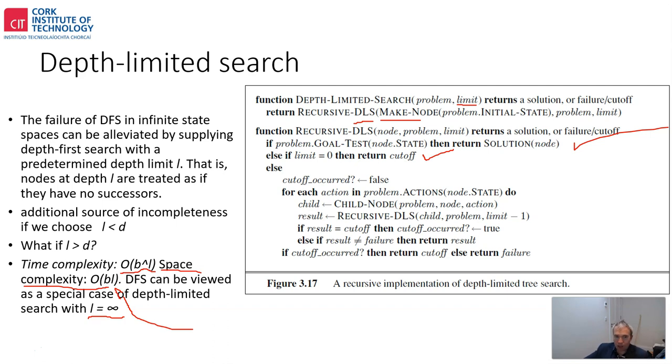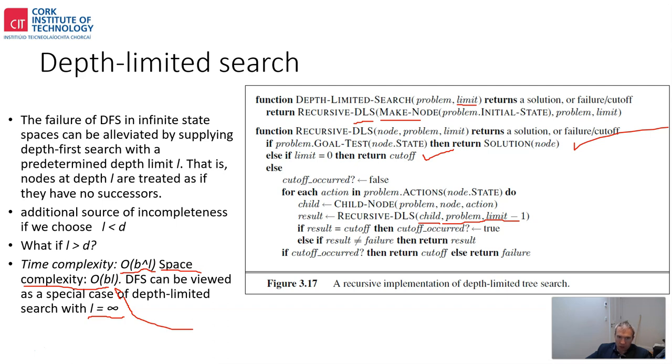For each action in problem.actions of node.state, do child equals child node of problem, node, action. So define what our child node is and invoke an instance of recursive depth limited search with that child node, the same problem, and the limit decremented by 1.